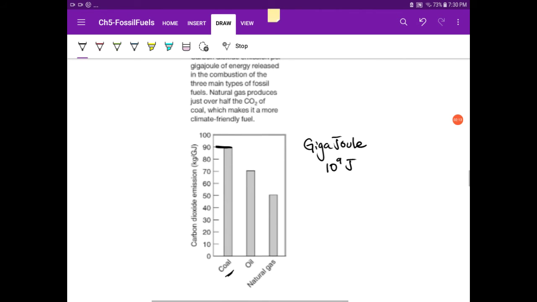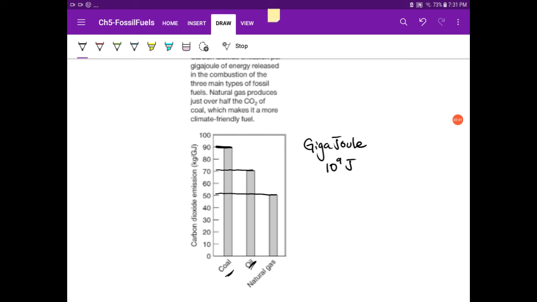And we will get somewhere around 70 kilograms of carbon dioxide for every gigajoule of oil. And then finally, for natural gas, it's around 50 kilograms of carbon dioxide that gets produced by burning natural gas that would produce a gigajoule worth of energy.